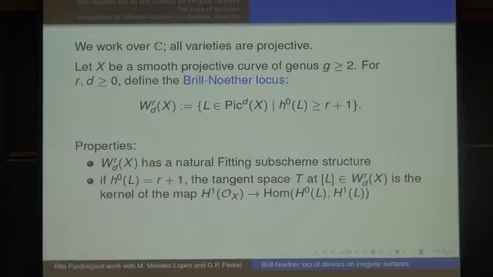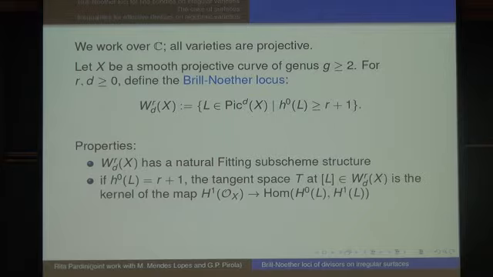And the geometrical meaning is quite clear, because cup product with a vector with a certain direction in H1 of O_X being 0 means that the section of H0 of L deforms infinitesimally in that direction. So if all sections deform, you have a tangent vector. And I didn't write it down here, but for line bundles with more sections than expected, you get a singular point. The tangent space is all of H1 of O_X.